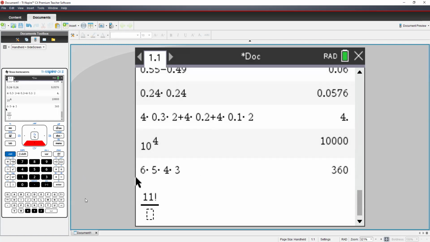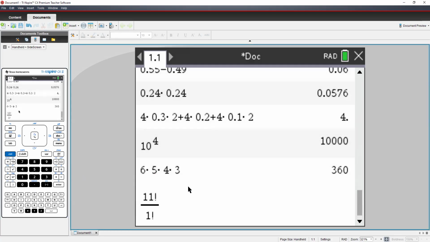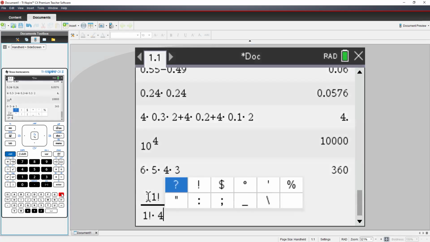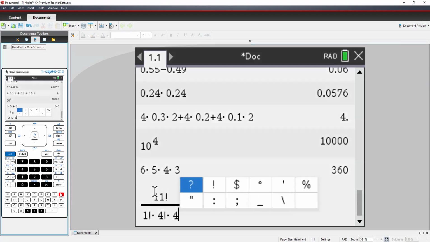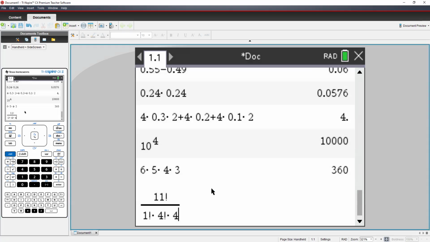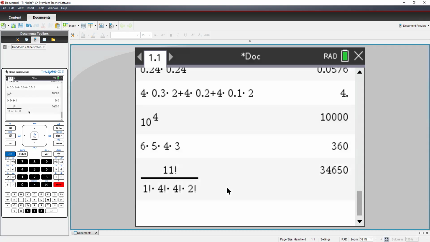And then now I'll do 1 factorial times 4 factorial times 4 factorial times 2 factorial, and I get that.